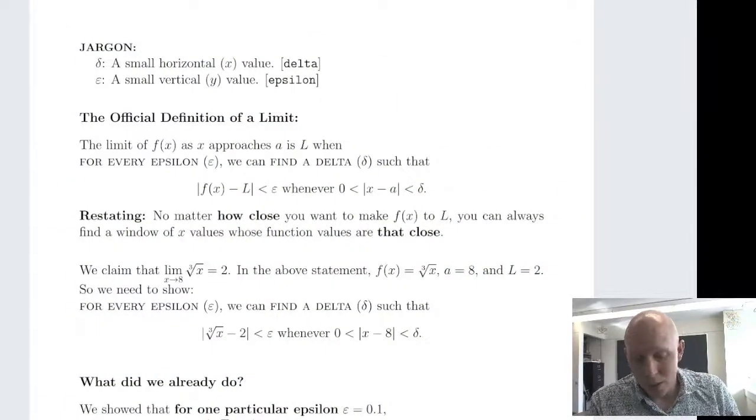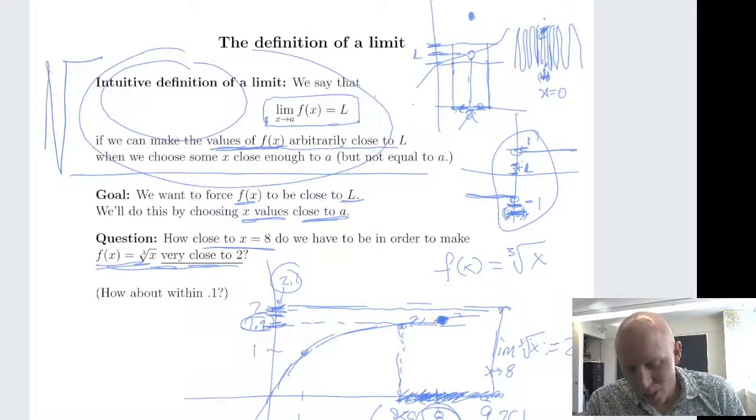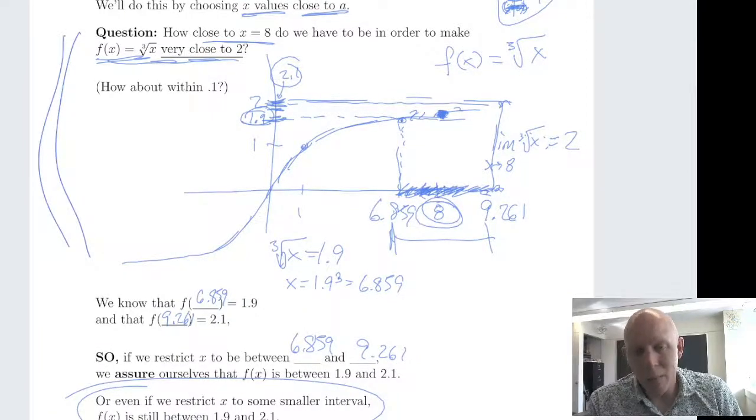Okay, so what I'm going to say is that I want to make sure everybody understands this idea of this intuitive definition, what it means, and what's happening in this picture here.